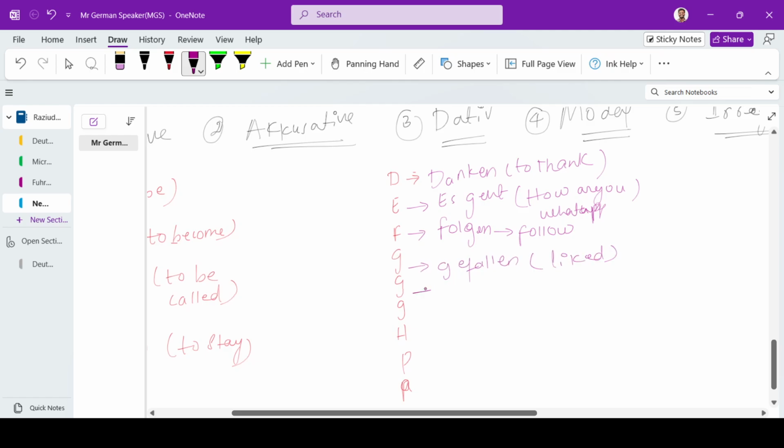Gehören, with umlaut. Gehören is like belongs to. It belongs to me. You know, es gehört mich. It belongs to me. Es gehört mir, we say. Then we have gefallen, gehören, gratulieren.